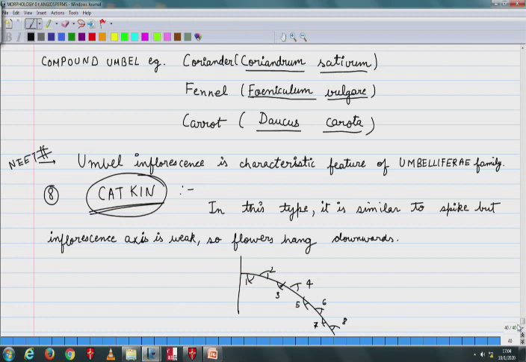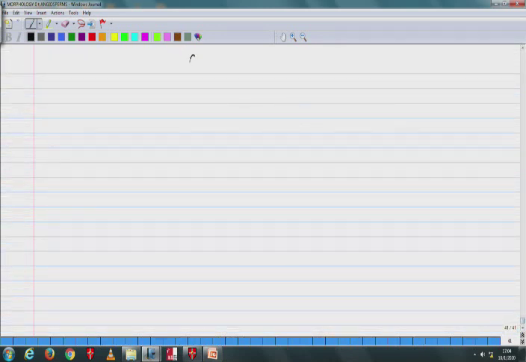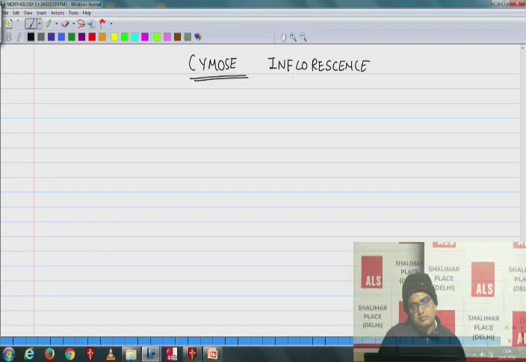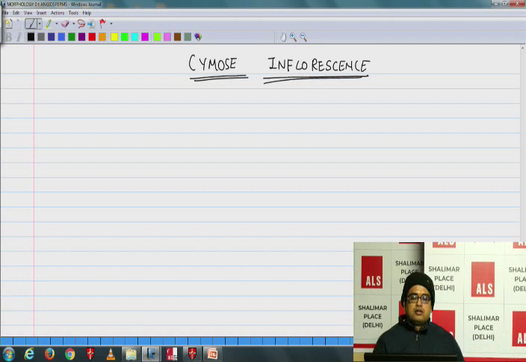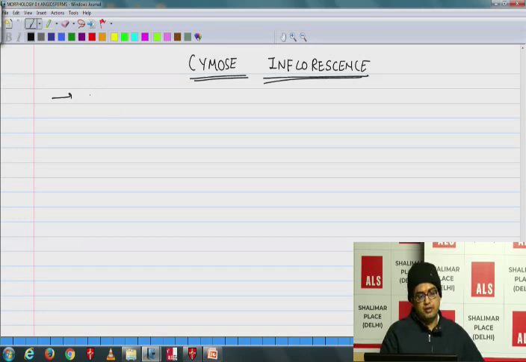Racemose inflorescence is over. Now please put the heading cymose inflorescence. Now what is important about cymose inflorescence? In cymose inflorescence, the case is different. Here the growth of the inflorescence axis is very limited.